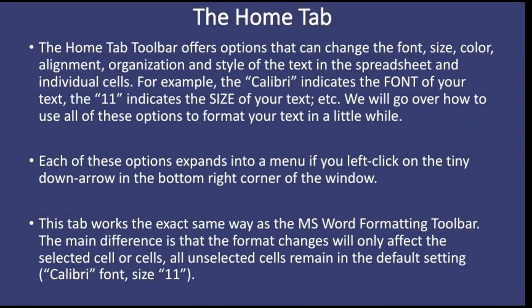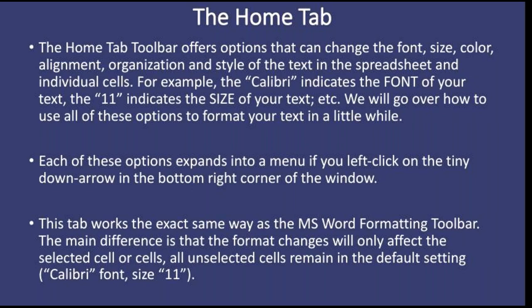The tab works exactly the same way as the MS Word formatting toolbar. The main difference is that the format changes will only affect the selected cell or cells. All unselected cells remain in the default settings.